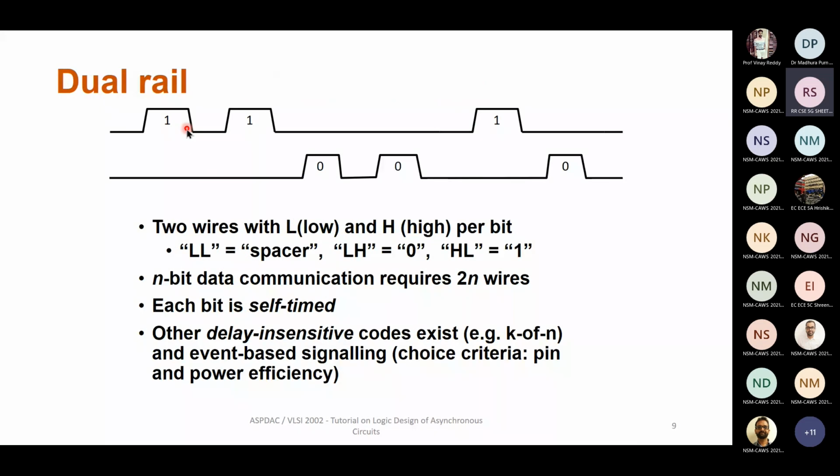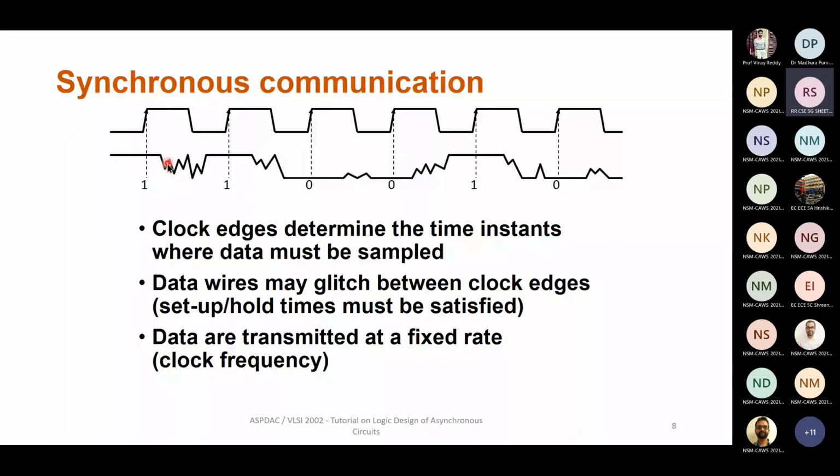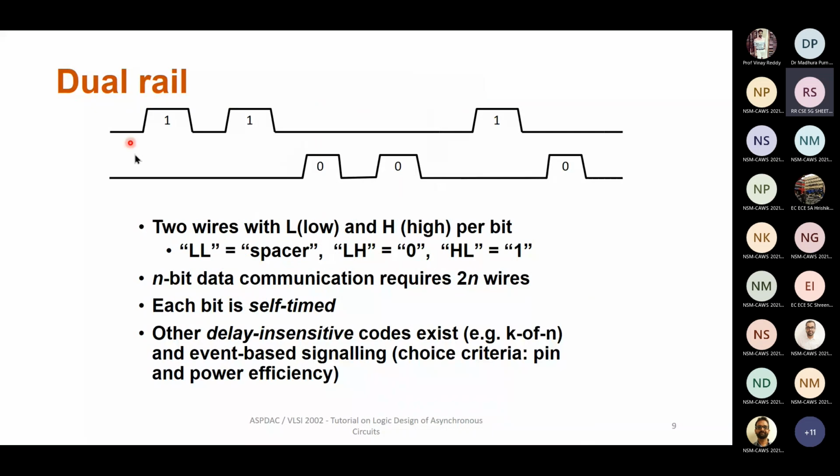What this means is that if there is one signal which is noisy or having glitches like this, then that actually helps here. Two wires are used to represent one bit, as it is written here. For example, if I want to send a 1, I would have a 1 on one wire and a 0 on the other wire.